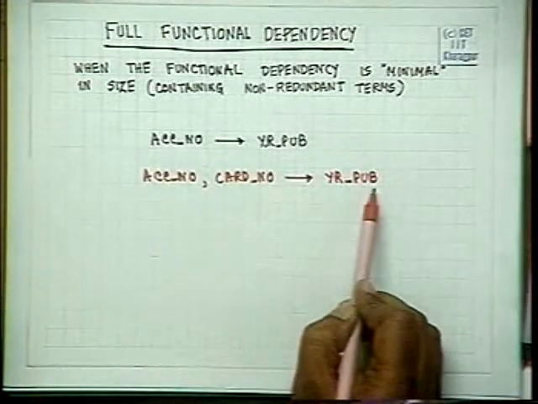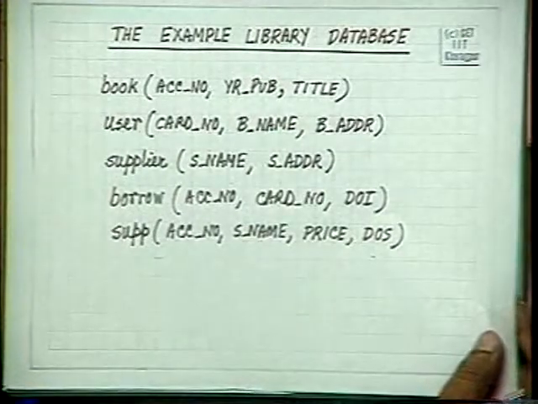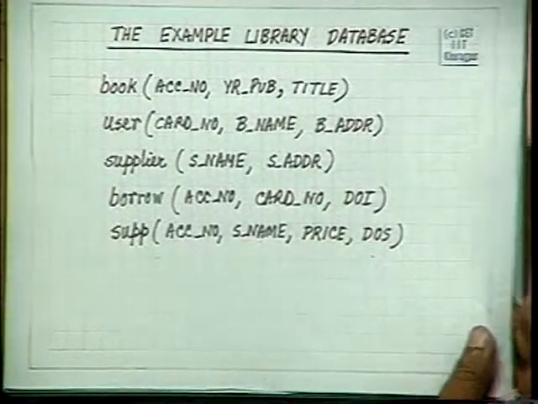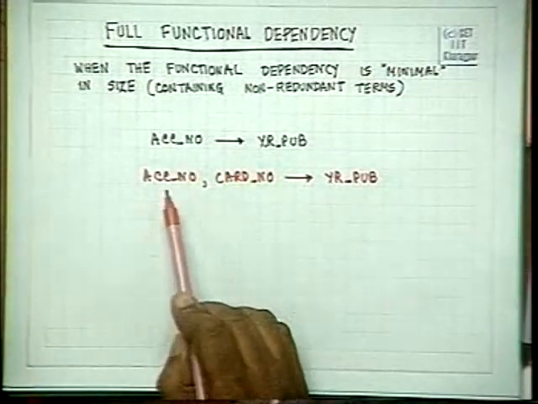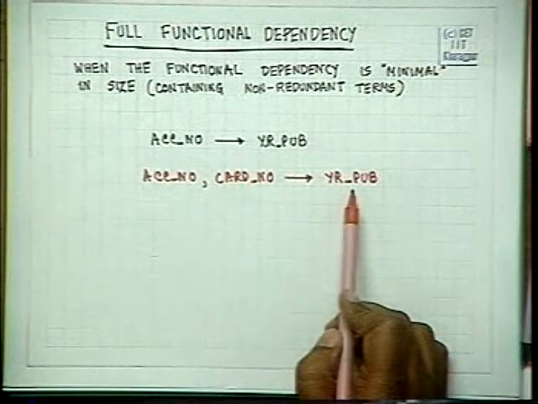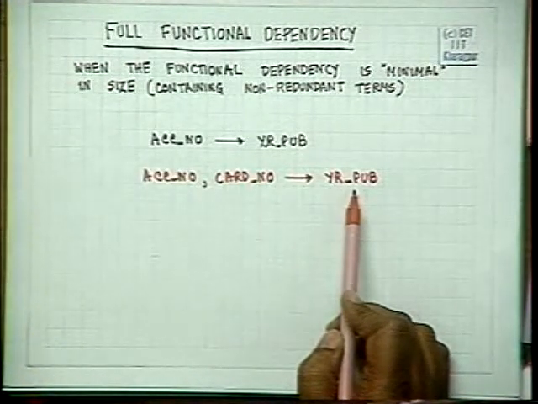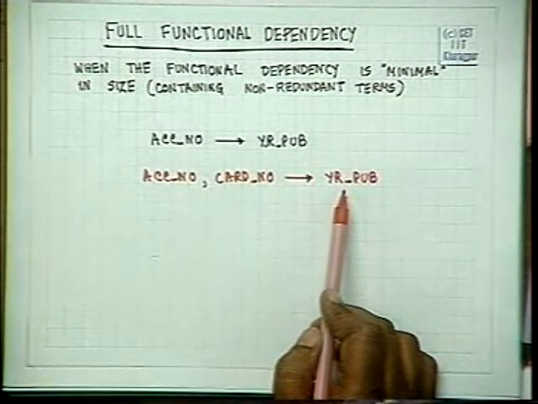This one does not hold in any particular relation of the database, but it says that two tuples cannot exist which have the same accession number, same card number and different year of publication. Now, all of them do not hold in any particular relation.